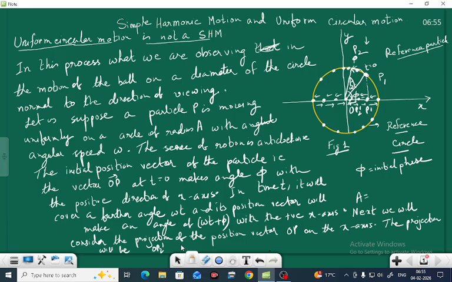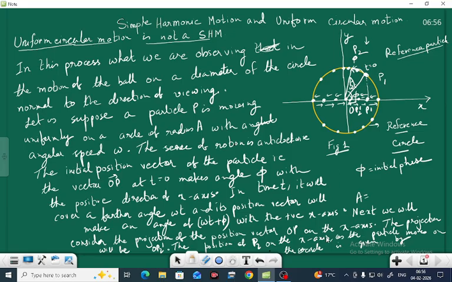So the position of P2 on the x-axis, as the particle moves on the circle, is given by, see here, this is x, right?